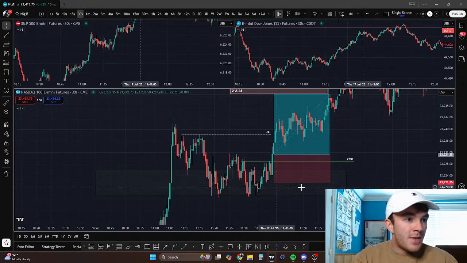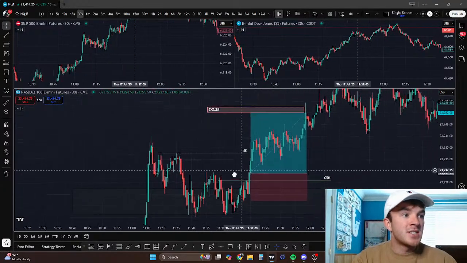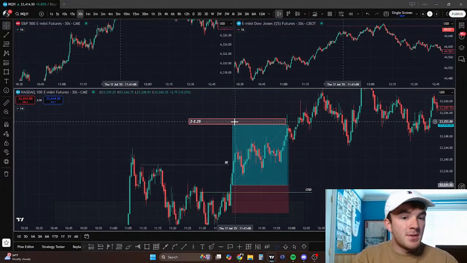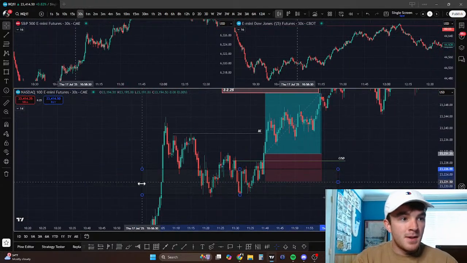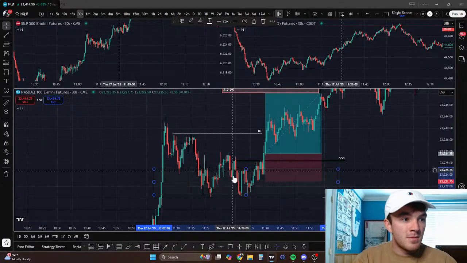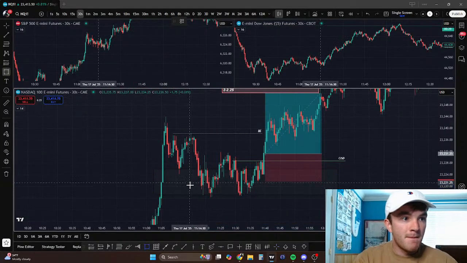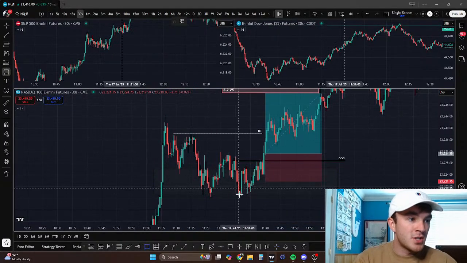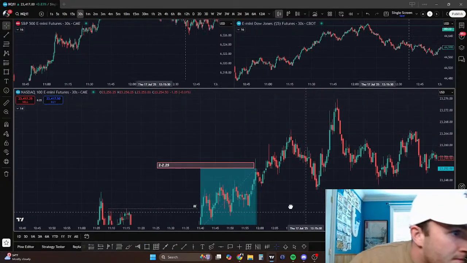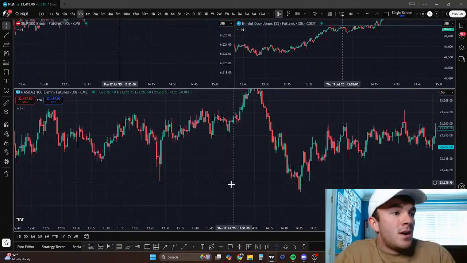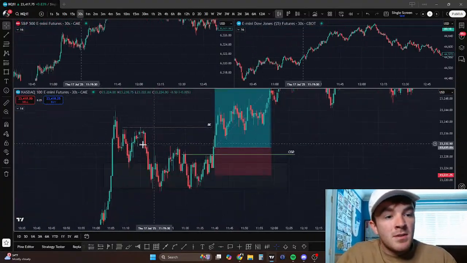Where 5-minute gap, 30-second change of state of delivery, up to the 2 to 2.25. Perfect example, right? And also accumulation, manipulation, distribution. But yeah, you'll see this happen over and over again.